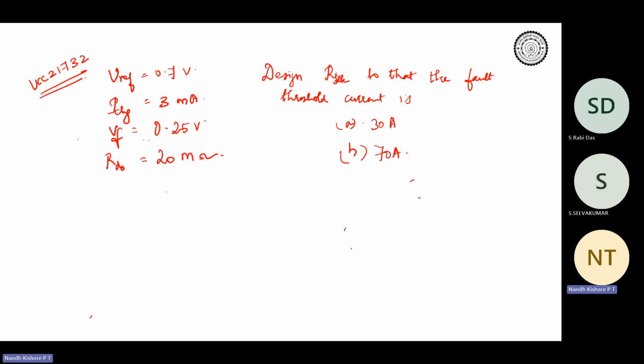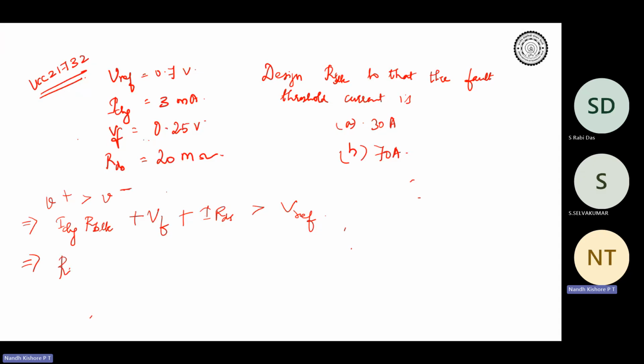Let's go back to the basics. We know V plus should be more than V minus in the case of a fault. V plus is simply I charge into RBLK plus VF plus VDS, which is I into RDS on, and this should be more than V minus, which is VREF.